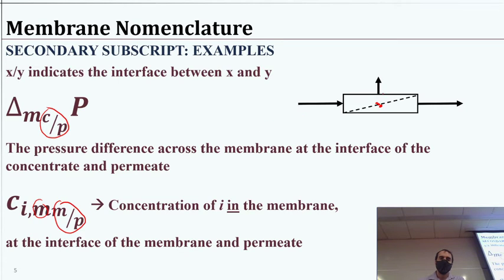So rather than measuring just across here, we would be looking at between the membrane and the permeate, on this interface here, on that side of it. Maybe a little small to tell here, but that's what they're referring to.